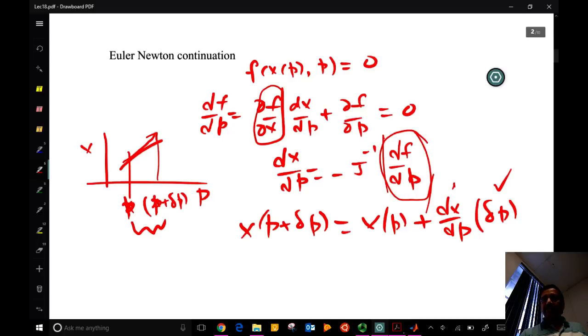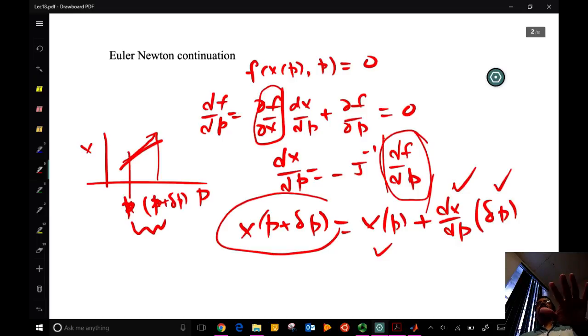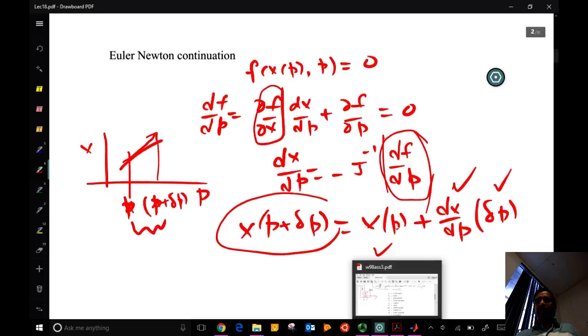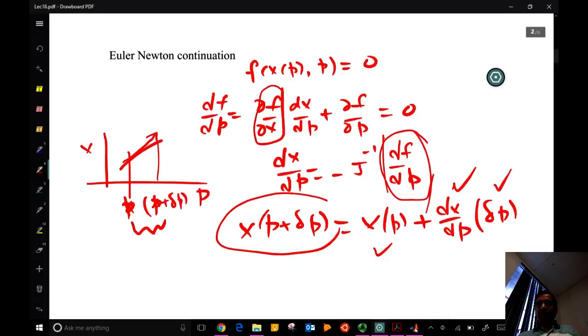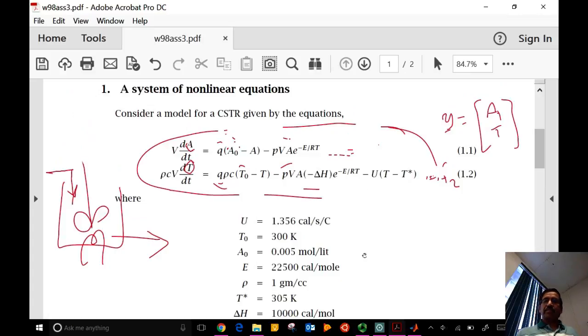So if I have that, and I have the previously converged result, this will be my best guess for the next step. Not the constant value, not the previously converged value, but based on the tangent projection of the previously converged value. Any questions? Now the question I have for you is, how do I get df dp? Go back and look at this equation and tell me how you will get df dp from this.